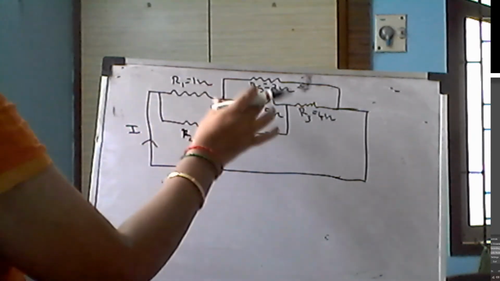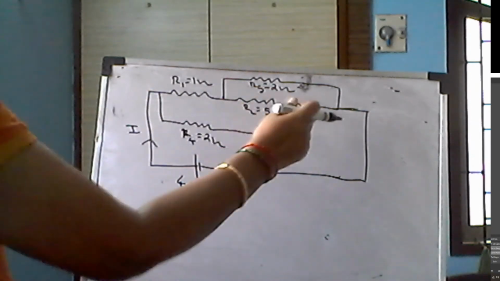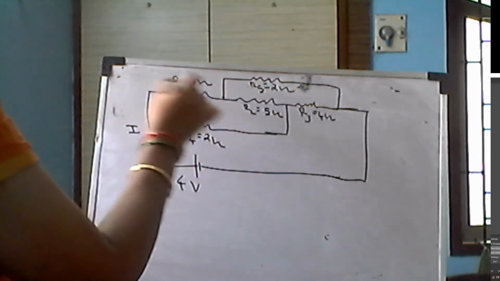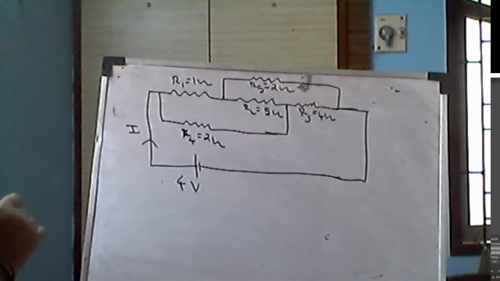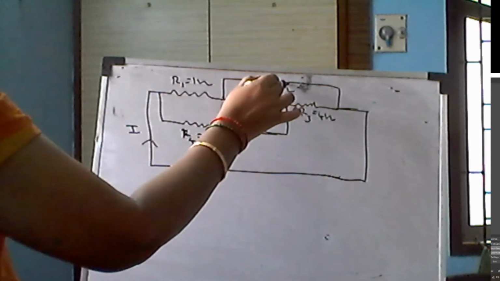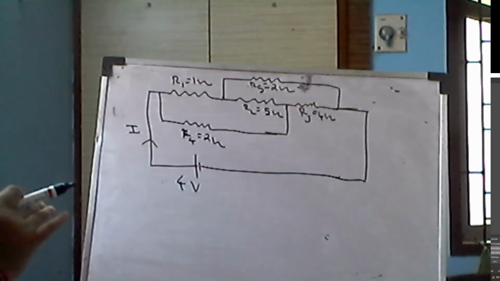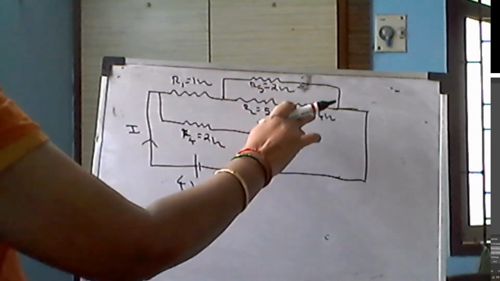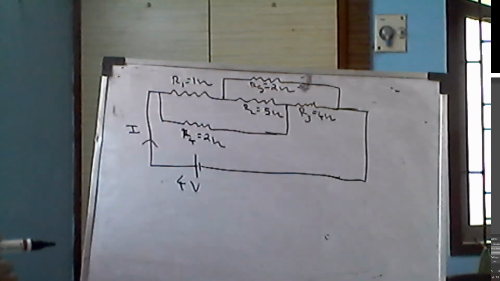So here if you consider 1, 2, this is 2, 4, and this is the center one. It is like a galvanometer resistance. Here the current is 0. So these two are in series and these two are in series, and these combinations are parallel.